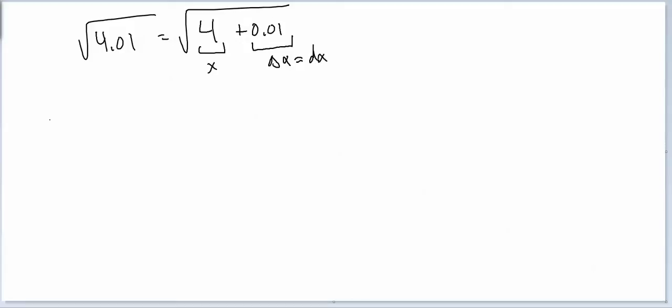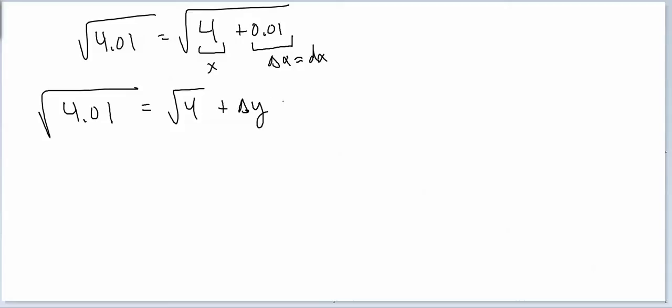So if I wanted to approximate the root of 4.01, I could just say that it's the original function at 4, just the root of 4, and then plus some small differential change in y. I don't want to use a delta. We're using calculus. We're going to approximate this using a differential. So here's the root of 4, and then I want to add a small little change dy.